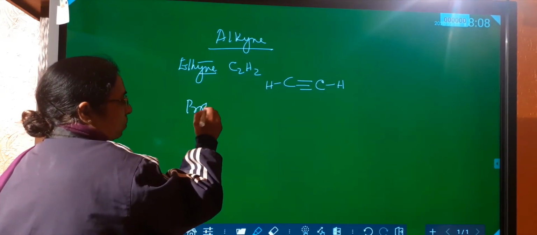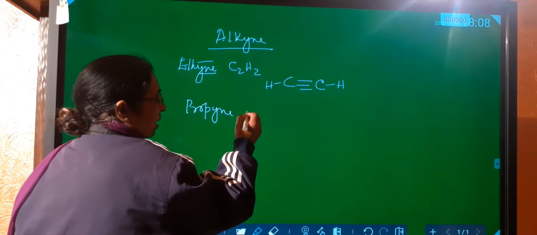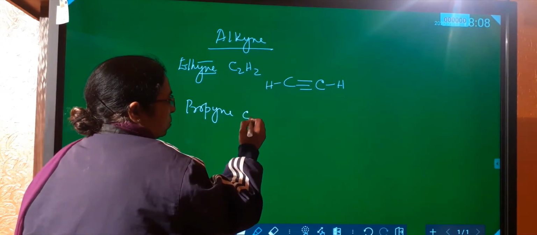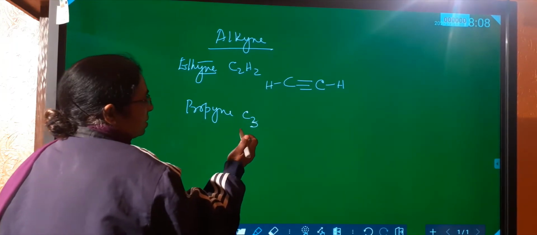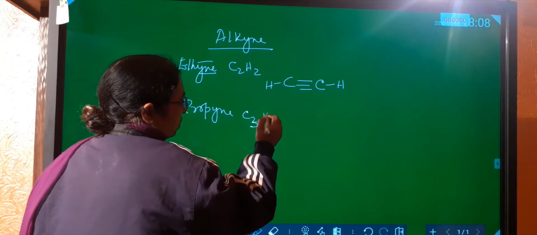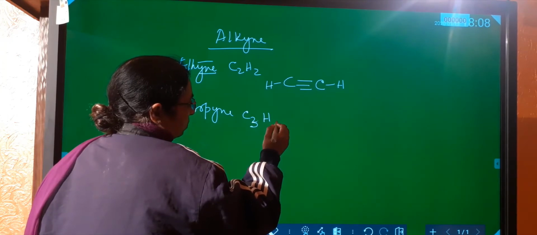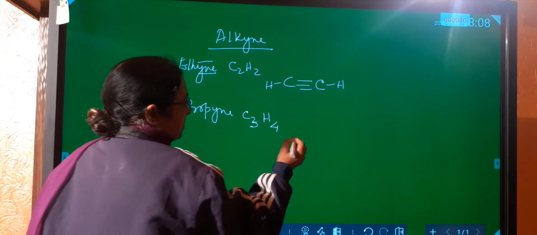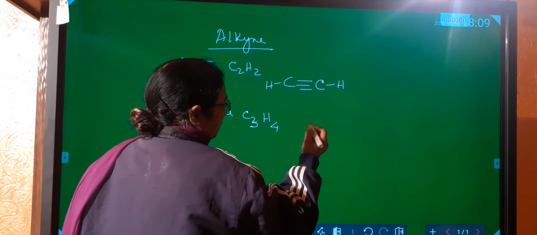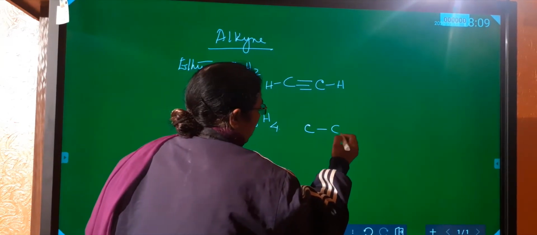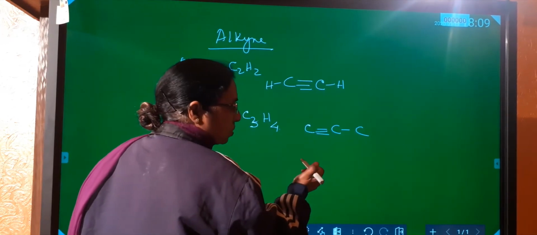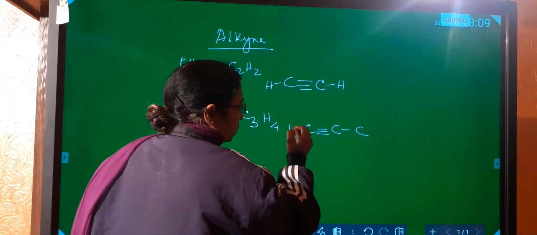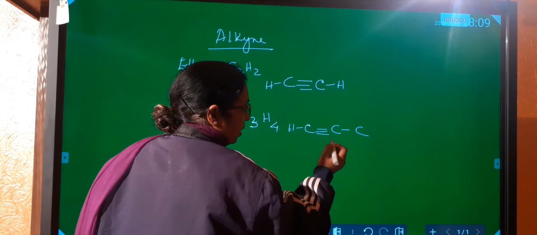Similarly, for propyne, I can write C3H4. So this is 1, 2, 3 bonds over here, and this is 1 H. Tetravalency of carbon is completed.